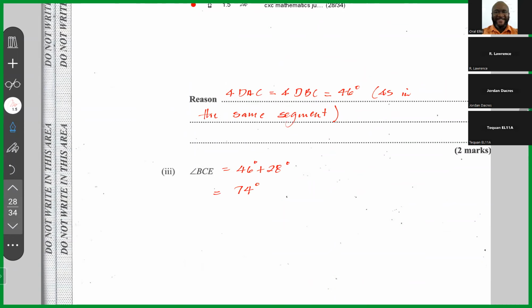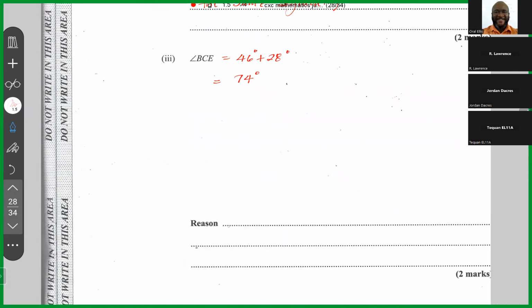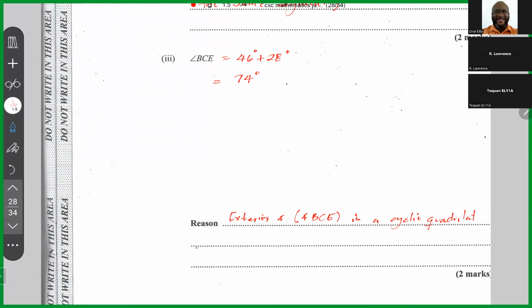And I would tell the examiner that the exterior angle, which is angle BCE of a cyclic quadrilateral, is equal to the opposite interior angle.